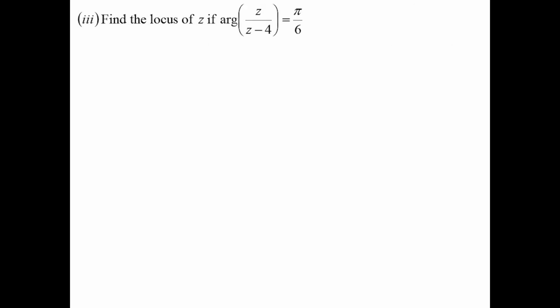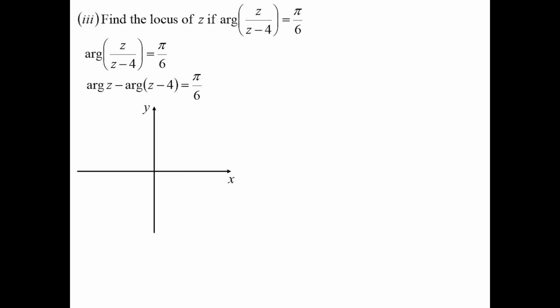Okay. Here's one of these arguments, and I've got a linear function on a linear function. It's equal to pi on 6. So what we're saying is the difference in the arguments is pi on 6. There's my axis. There's a vector joining up to 0, so that's representing z.